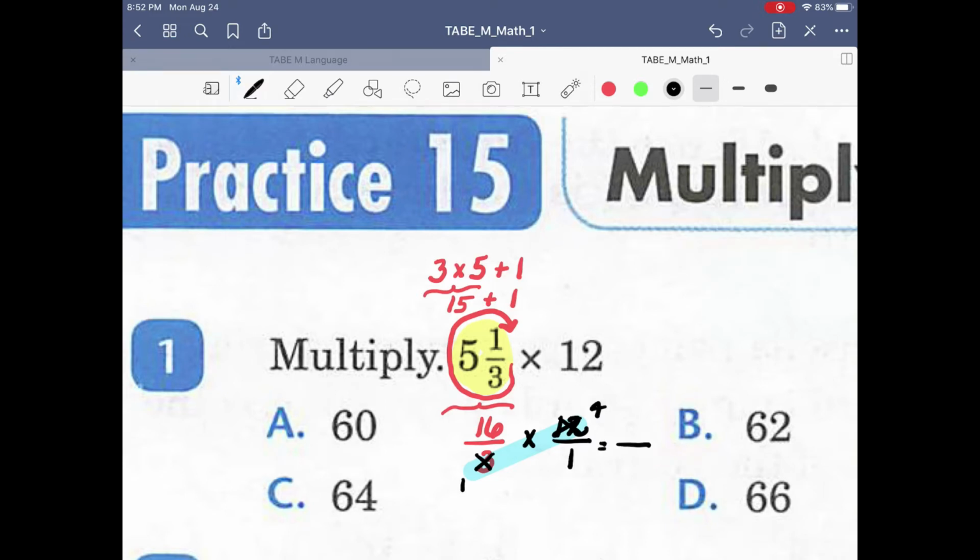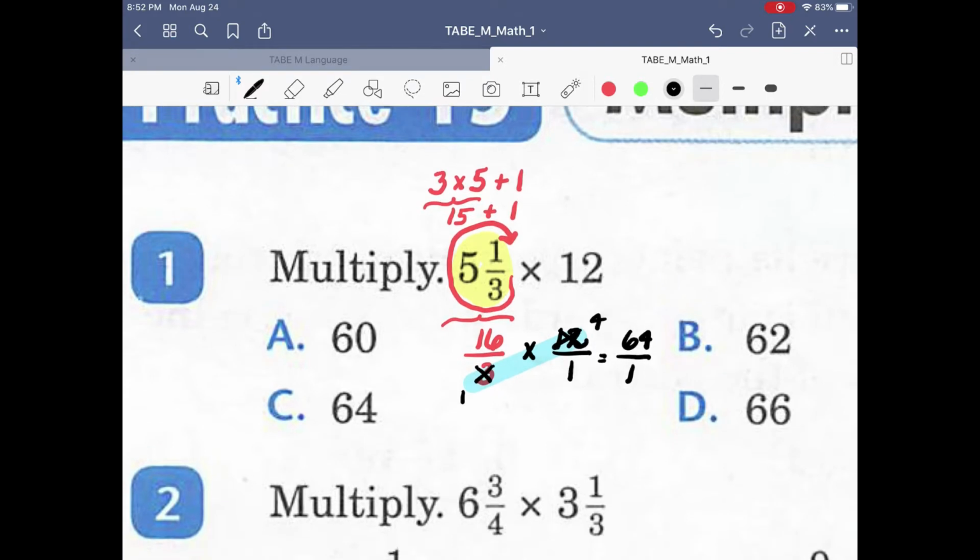We've got a 1 on the bottom and a 64 on the top. 16 times 4 is 64. And if you simplify that, we are looking for option C, 64. You can put the 1 under there. You can take the 1 away. 64 over 1 is 64.